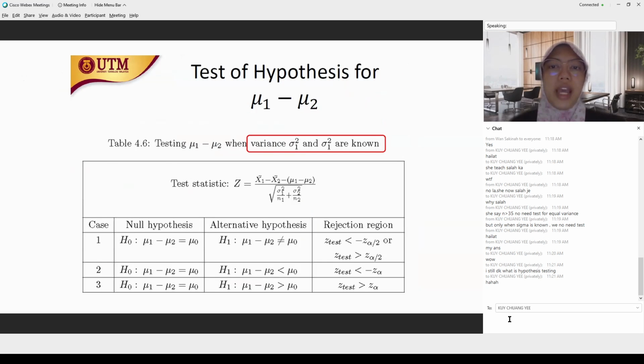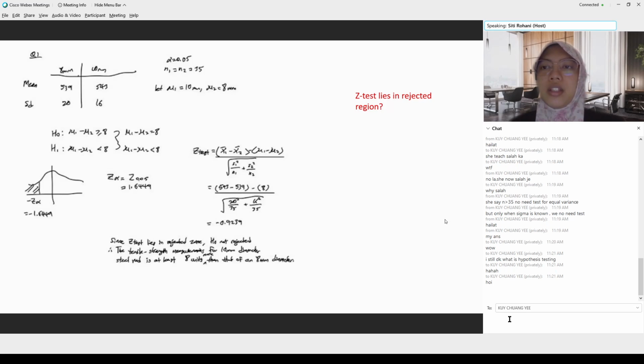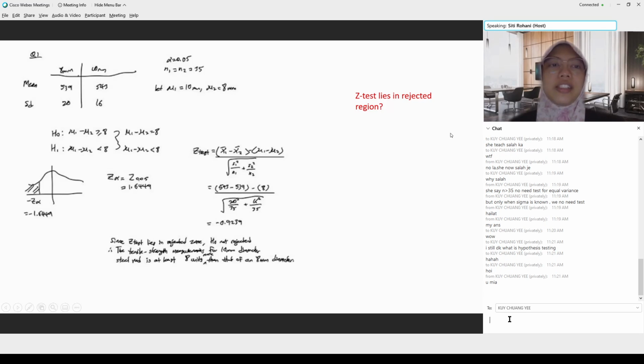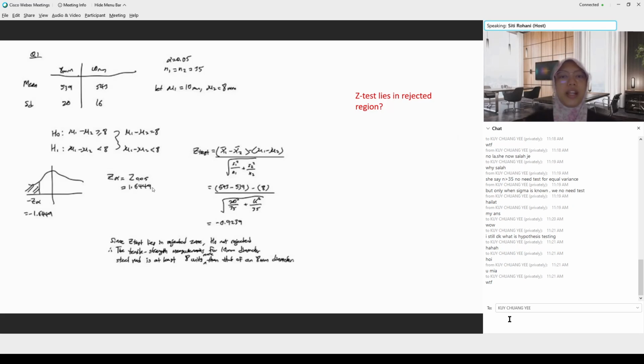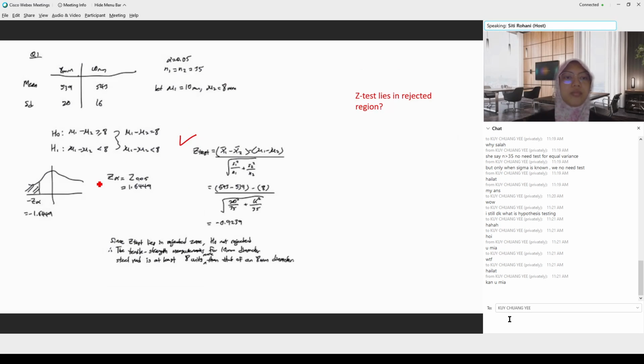Now let's look at the answers that I collected from your friends. So here, this one is already correct. This one is also correct. However, for this one, since the z-test lies in the rejected region, the rejected region is negative 1.6449, right?